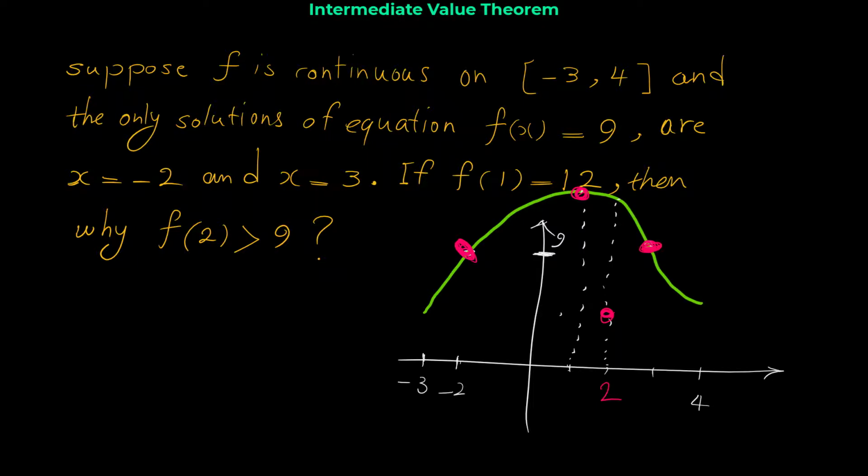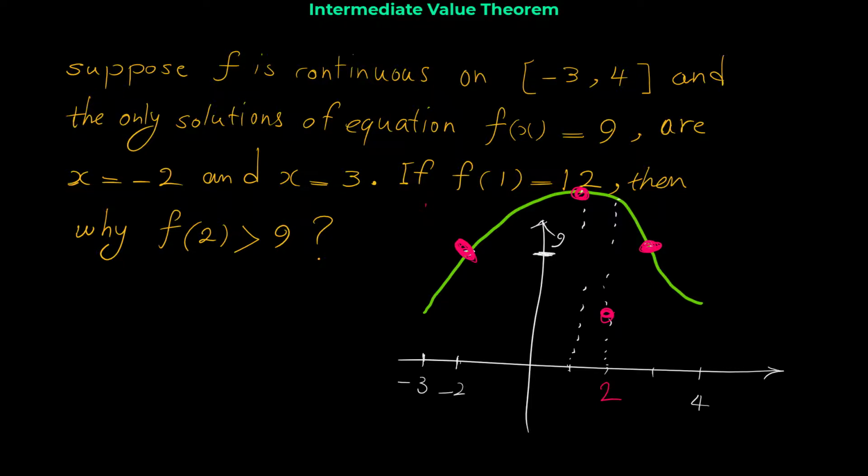If you want to graph something like that, maybe you start from here, then you think, okay, I have to pass through here, then you have to go down and then up, because you want to pass through this point, and the function you want to graph is continuous.